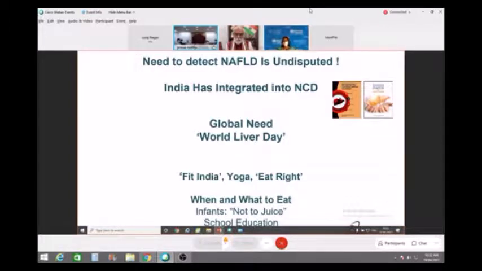So we need to start early. In school education, if a child at 10 years is overweight or obese, his heart has worked as if he is 40 years old. With that in mind, when to eat, what to eat, and the 2 guidelines which I have shown, released by the Ministry of Health, are the beginning of a major change that India is taking.